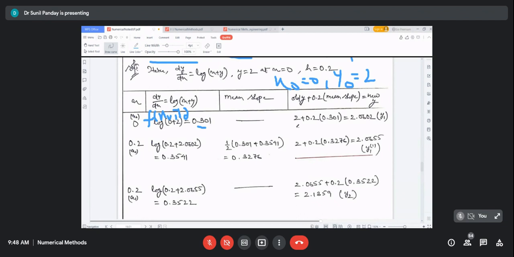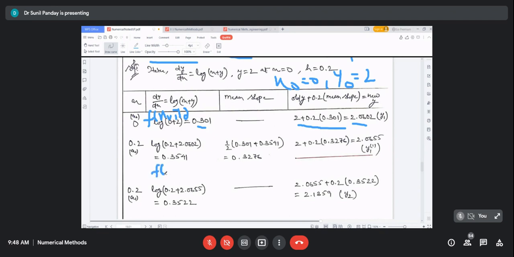And then we use Euler's method to get the value of y1, like y naught plus h into f of x naught, y naught. This is the y1 value. And then we calculate the updated value of y1.